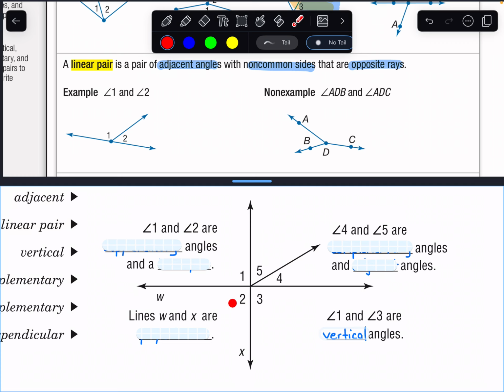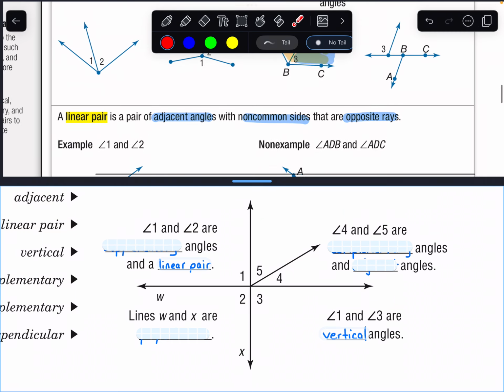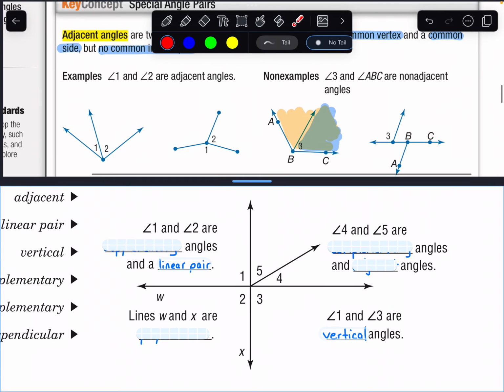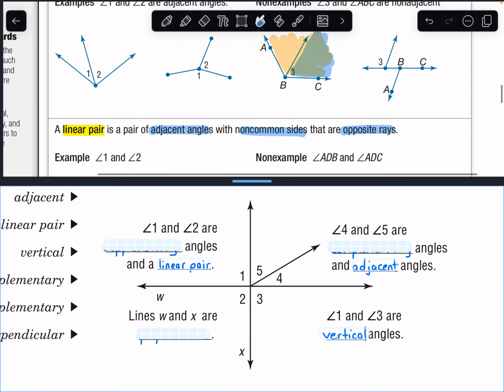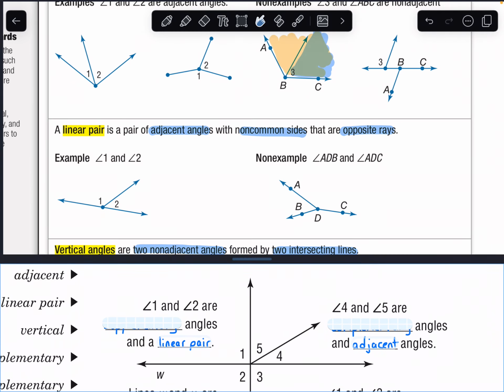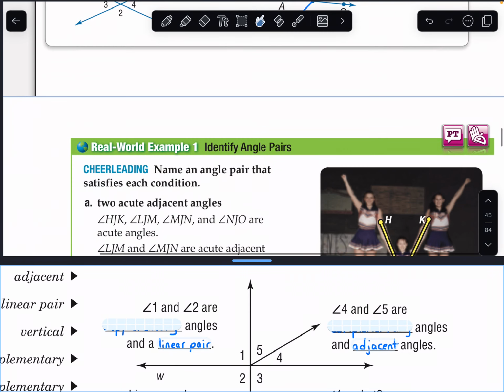So we got 2 and 3, or maybe 1 and 2. 1 and 2 are a linear pair. And then 4 and 5 are merely adjacent angles. They form a pair there. But notice there's still some other terms we could further describe those. Let's see what else we have in store.